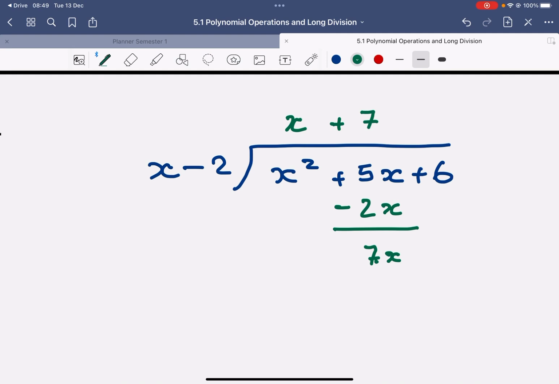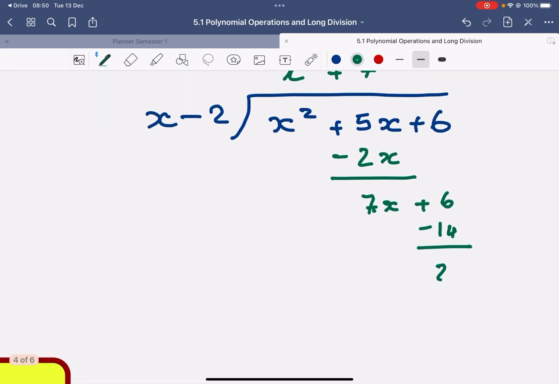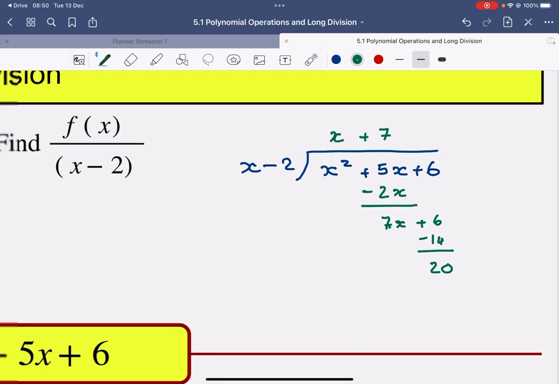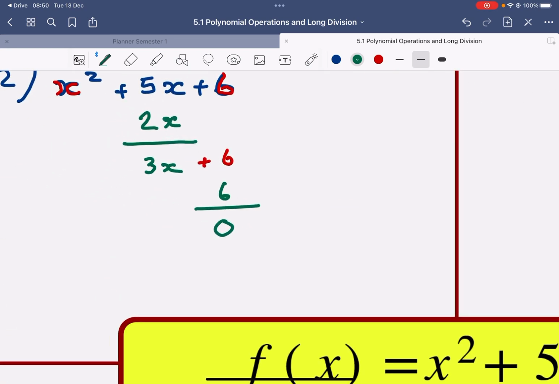I drop that 6 down here, and I do 7 times negative 2 to give me negative 14. Now I do 6 take away negative 14, and it gives me 20. So you can see the difference here, that I've got a 20 here, but I had a 0 here.